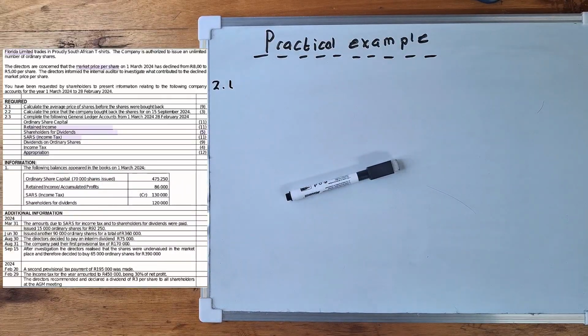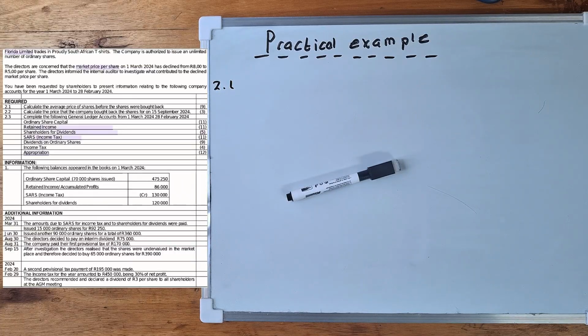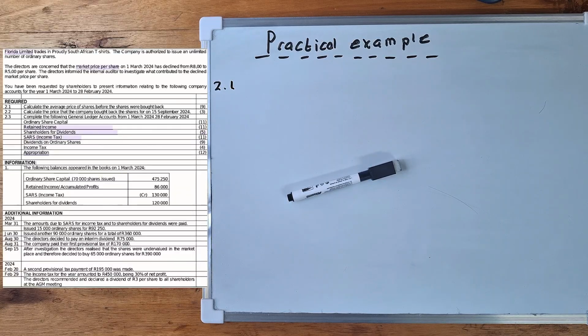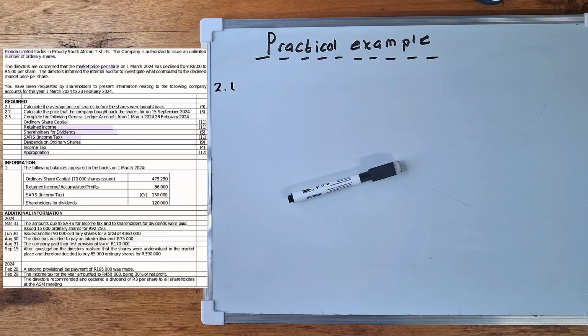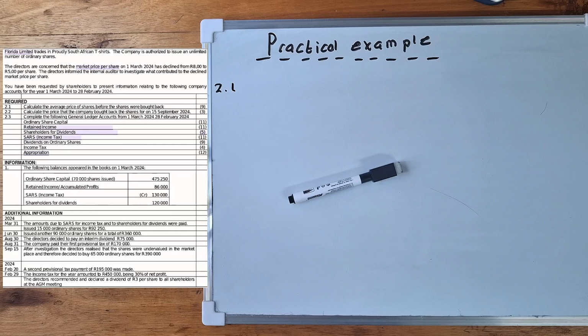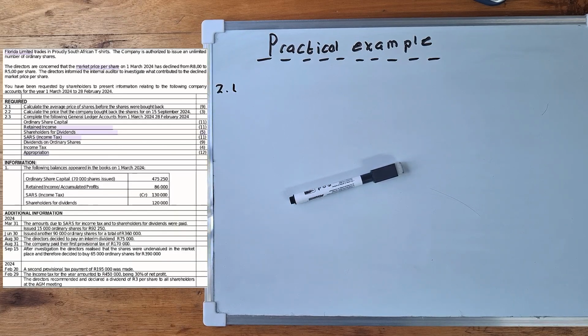Okay, so in the practical example, the scenario says that Florida Limited trades in proudly South African t-shirts. The company is authorized to issue a number of ordinary shares. The directors are concerned that the market price on the 1st of March has declined from 5 Rand per share.